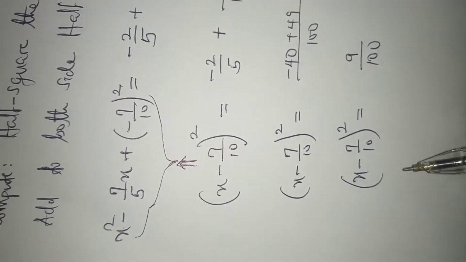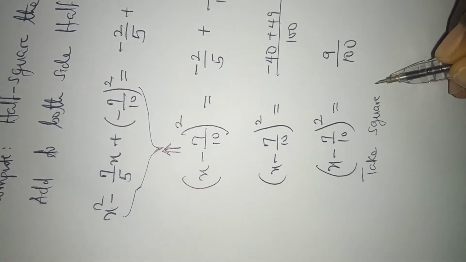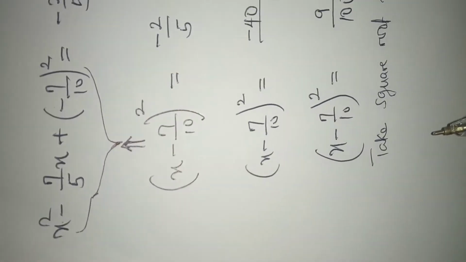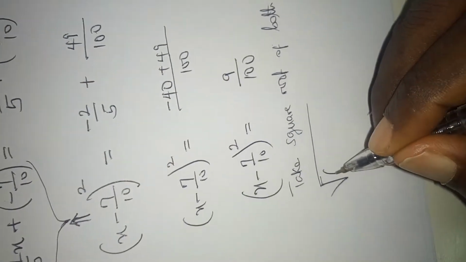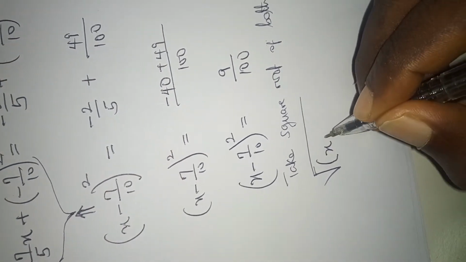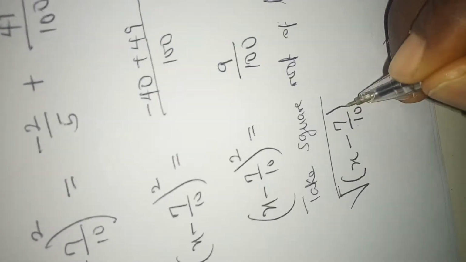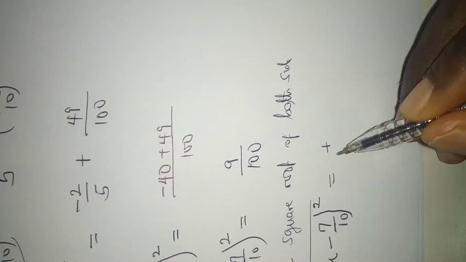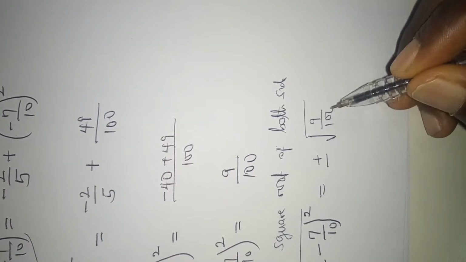So at this point, you take the square root of both sides. So you're going to have square root of x minus 7 over 10 squared equals plus or minus square root 9 over 100.